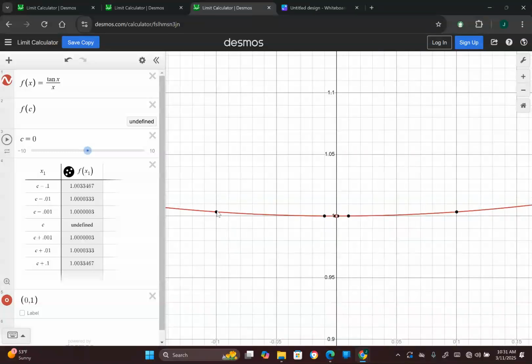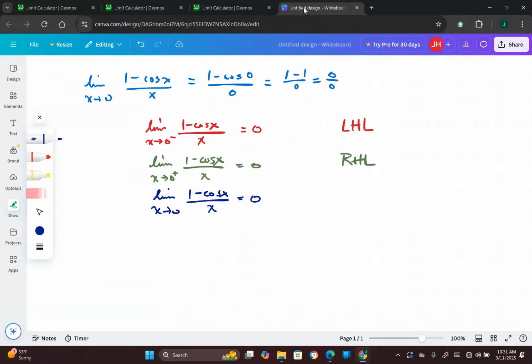If you go from the left, this is the first value in the table, the second value in the table, and right there is the third value in the table. Start from the bottom. This is the bottom value in the table, second one at the bottom, third one from the bottom. It's kind of hard to see all of those, but you can tell they're all approaching 1 from the left and from the right. So we have one more limit we can talk about: the limit as x approaches 0 of tangent of x over x also equals 1.